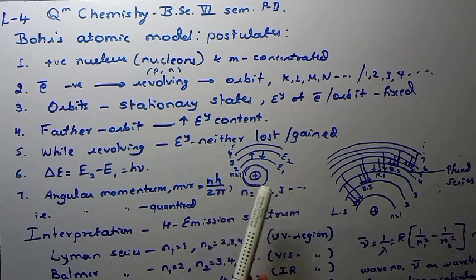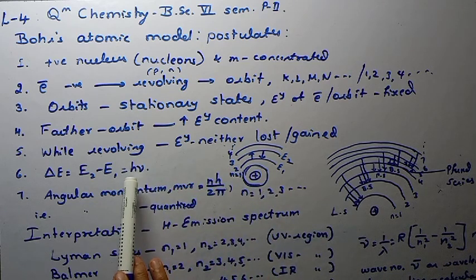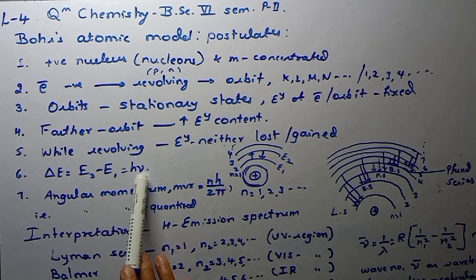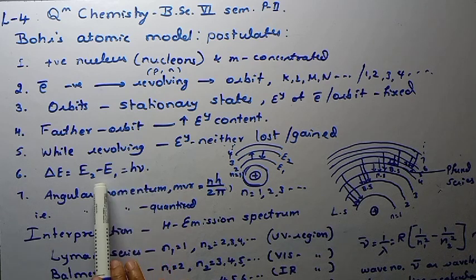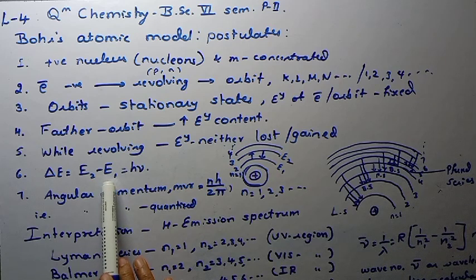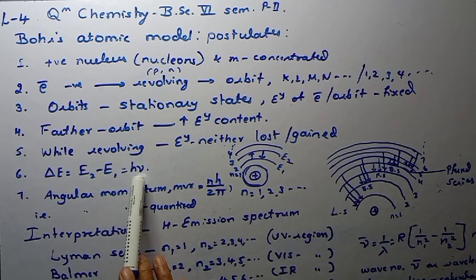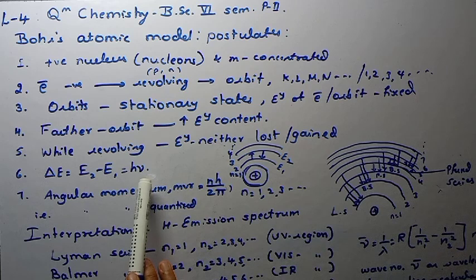It loses the energy in the form of radiation, which is called emitted radiation, and the frequency of that radiation is nu. Therefore, E2 minus E1, either absorbed or emitted, is always equal to h into the frequency of that radiation.